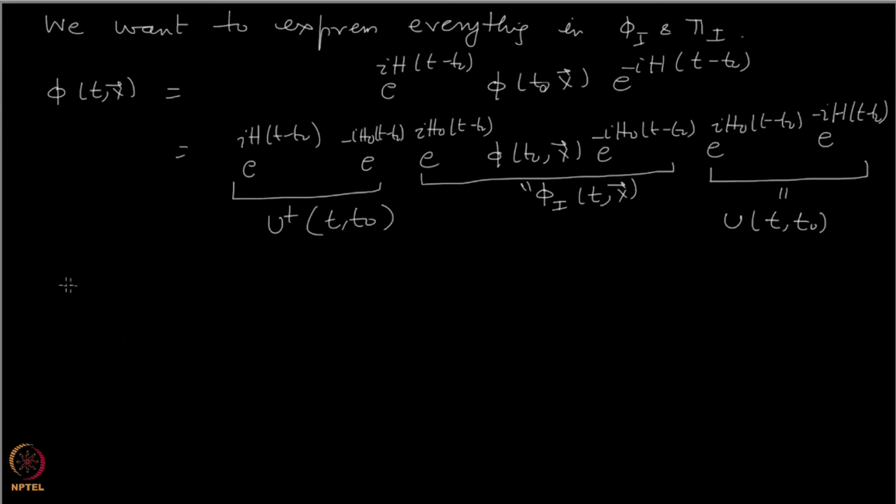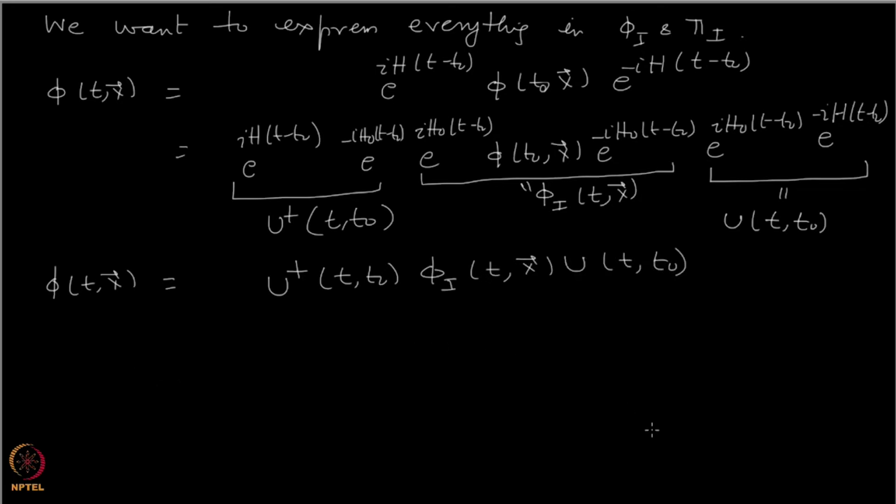So what I have achieved is that I can write phi of t, x as U dagger times phi I times U. This doesn't appear very spectacular, because we wanted to express phi in terms of phi I and pi I, but here phi is in terms of U and phi I, and U is made out of H naught and H, which are constructed out of phi's.